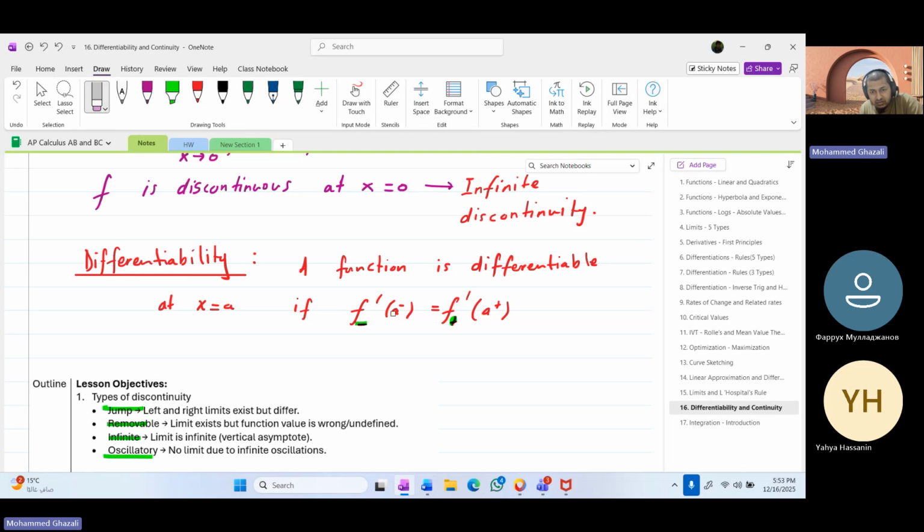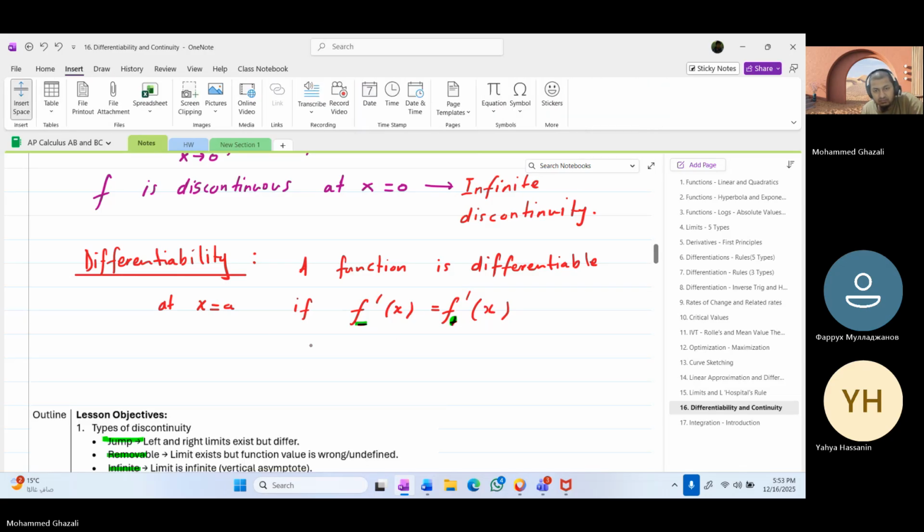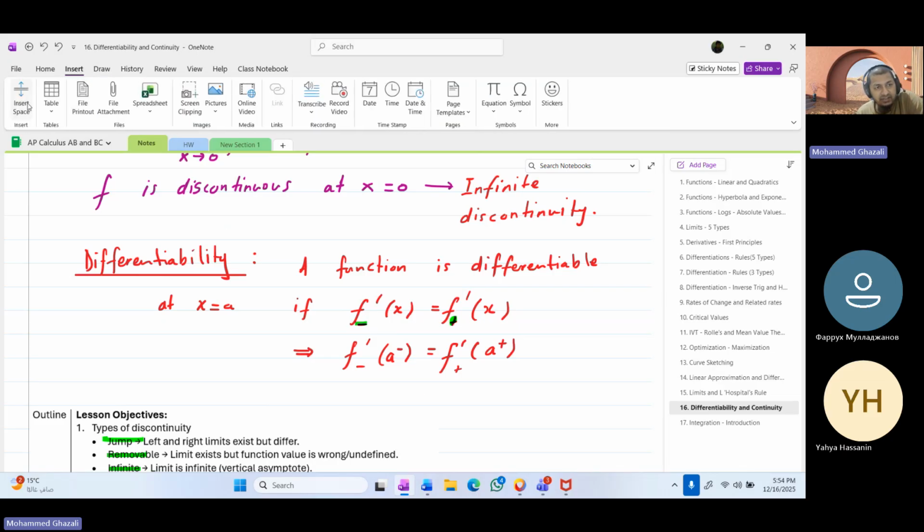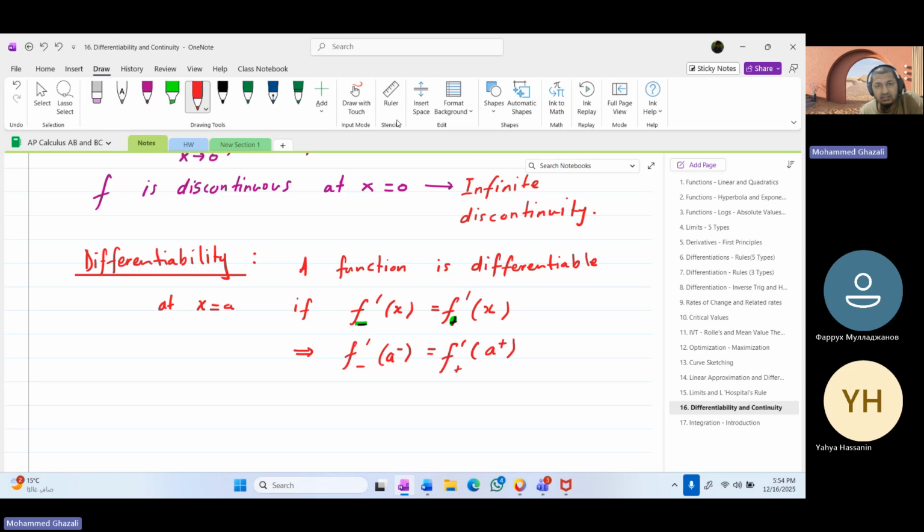So let me just replace it with x for now and then change it to a, which implies, that's what it implies. Okay. So you're differentiating the left-hand side function and the right-hand side function at a. In other words, you're looking at a split function to check for differentiability.